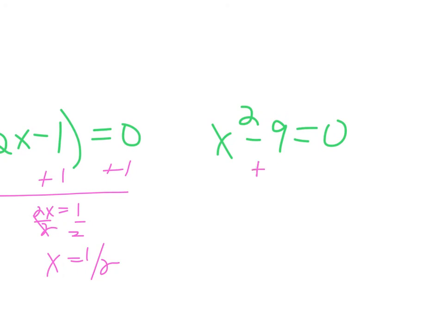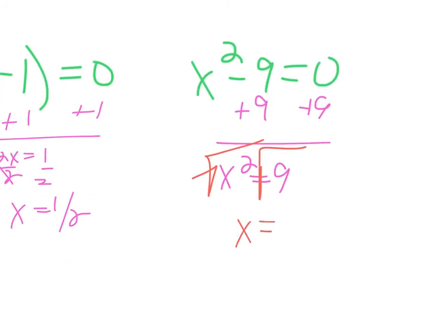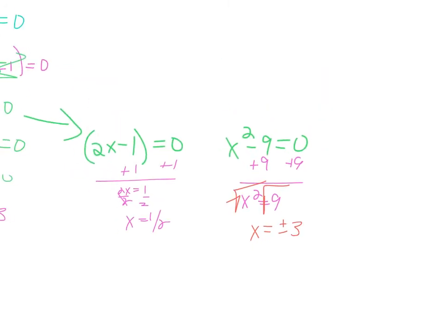And then here, I'm going to add 9. I get x squared equals 9. Then what do I do to both sides? Square root. So x equals plus or minus. The only reason I don't like doing it that way is because a lot of times you guys forget the plus or minus. So you just got to be careful.